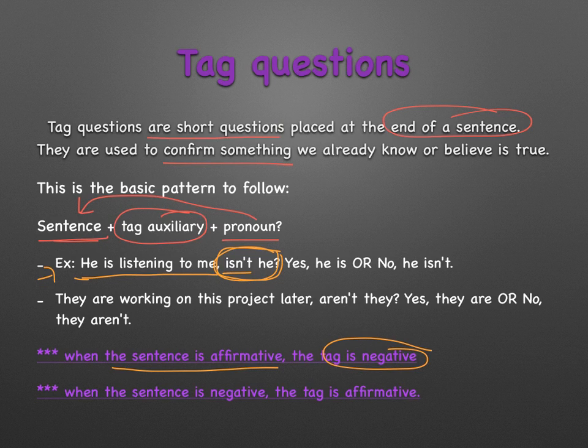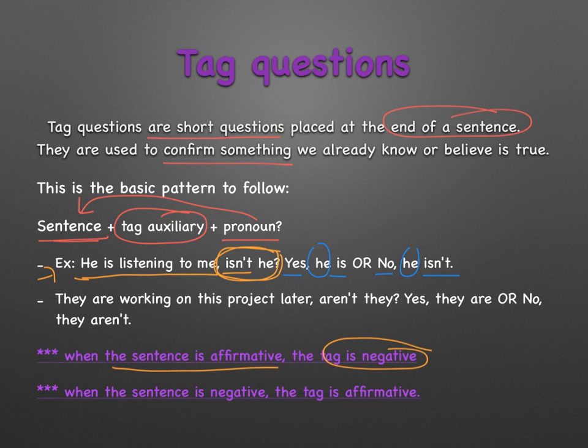Then I answer the same way that I answer a short question, a yes/no question with a short answer. So yes or no, pronoun, auxiliary. Yes, he is. No, pronoun, negative auxiliary. No, he isn't. In the second example, it's the same thing.